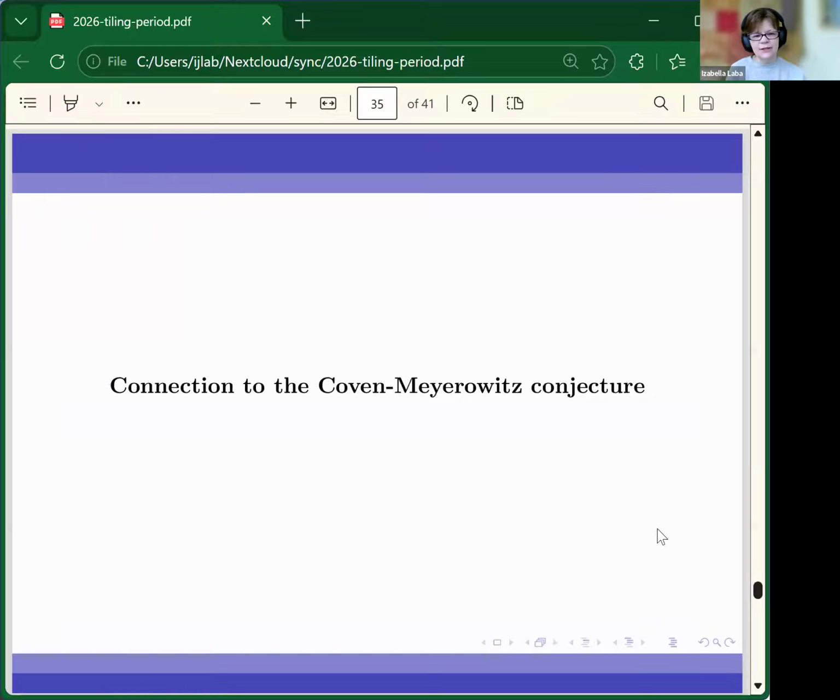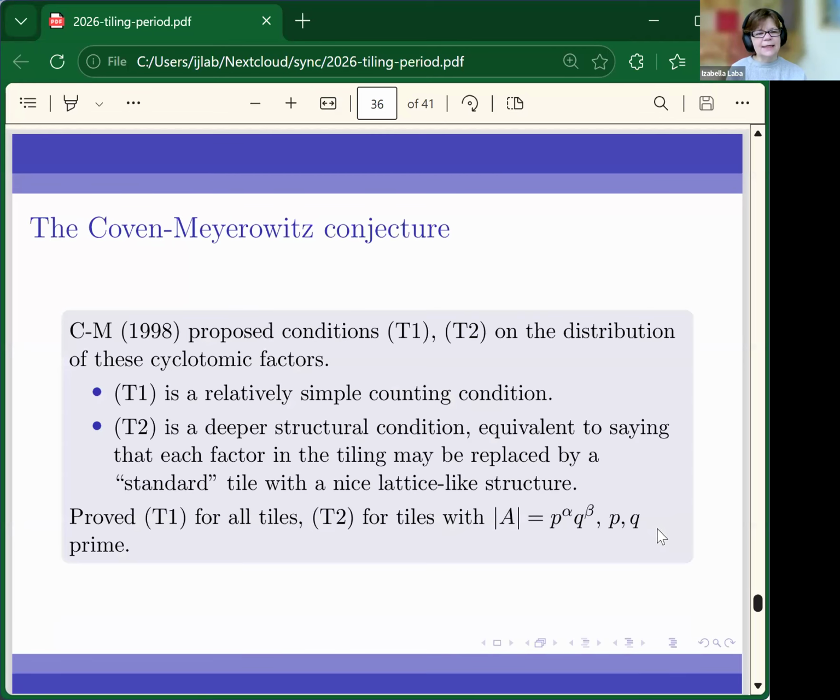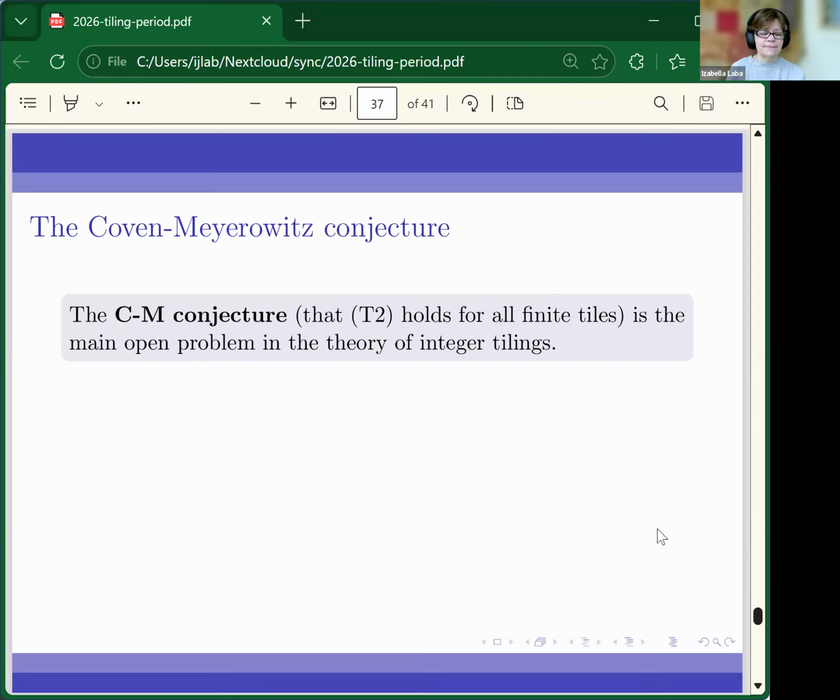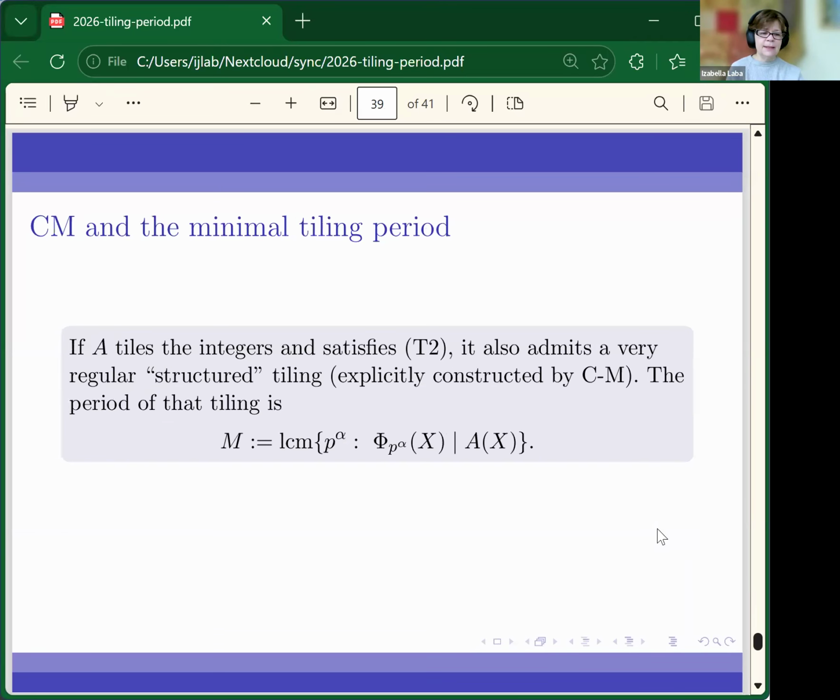I also want to mention a connection to something called the Coven-Meyerowitz conjecture. This is the main conjecture about integer tiles. There are two conditions that are conjectured to be true for all integer tiles. This is known for some cases, but it's not known in general. I'm going to skip those and just mention the connection here.